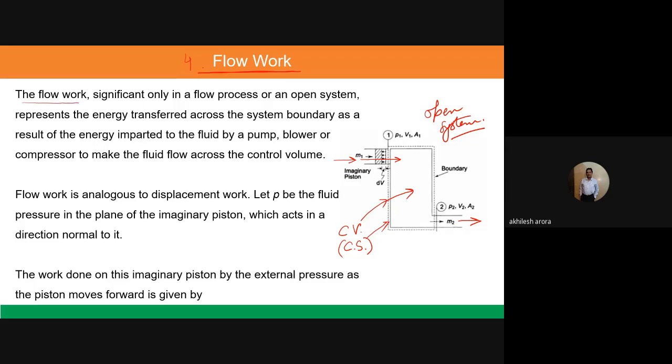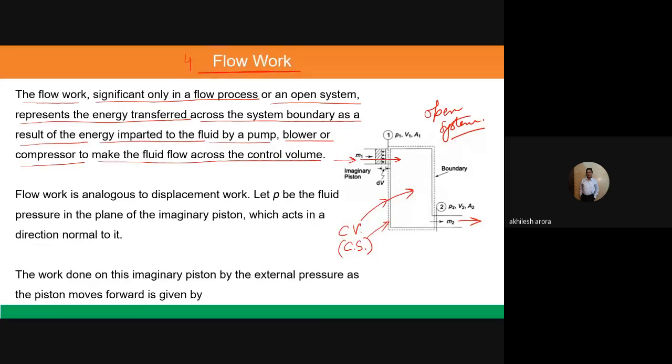The flow work is significant only in a flow process or an open system. It represents the energy transferred across the system boundary as a result of energy imparted to the fluid by a pump, blower, or compressor to make the fluid flow across the control volume.